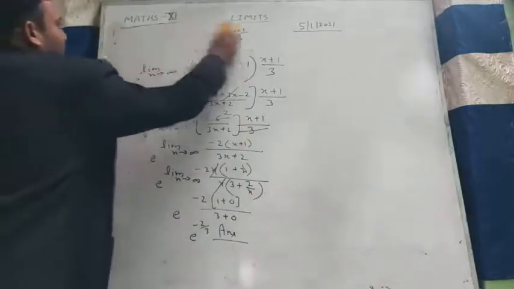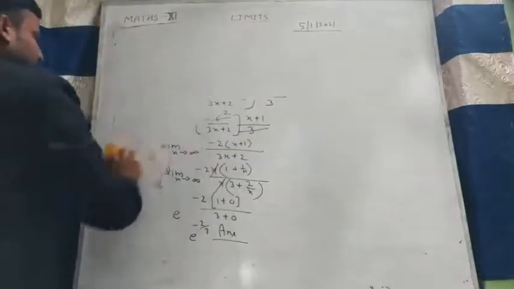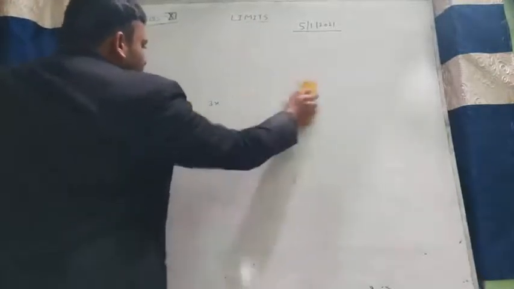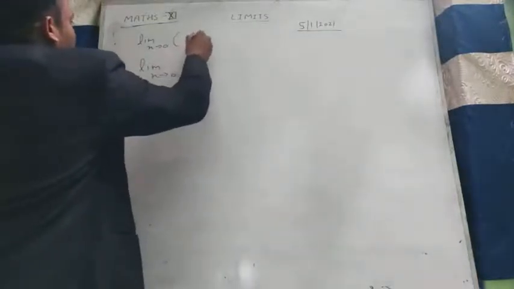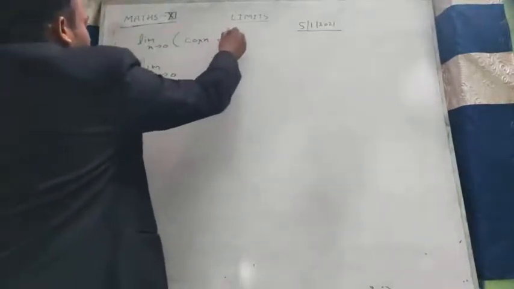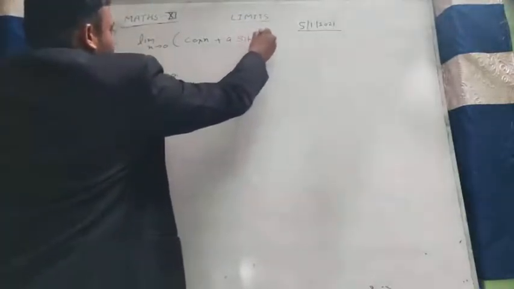Our next question is the limit as x tends to 0 of (cos x plus a sin bx) to the whole power 1 by x.